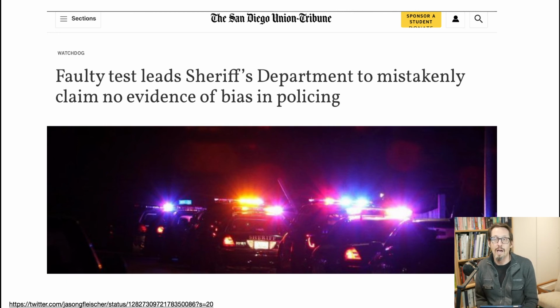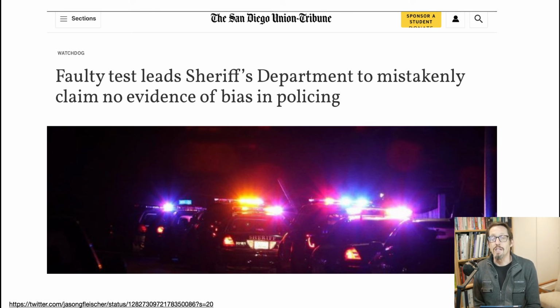So what happened here? This little news story. One of the standard ways to decide if there is racial bias in policing is to look at whether there's a difference between people who are stopped in their cars during the daytime versus the night. At night, the officer can't see into the car very well and may not be able to see the race of somebody inside.